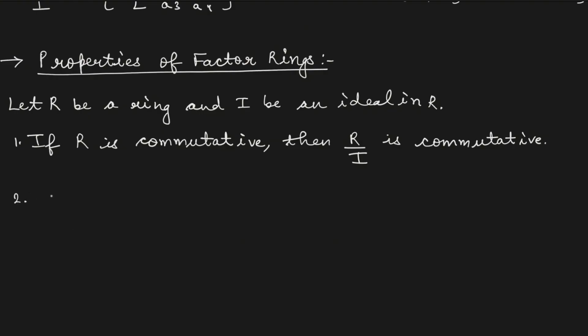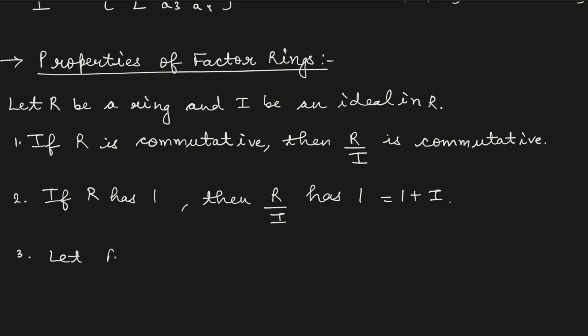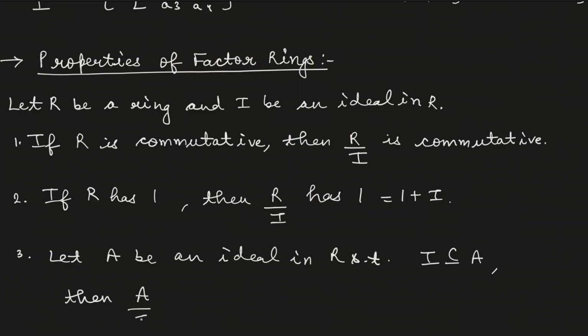Second, if R has unity, then R/I has unity 1 plus I. Third, let A be an ideal in R such that I is a subset of A, then A/I is an ideal in R/I.